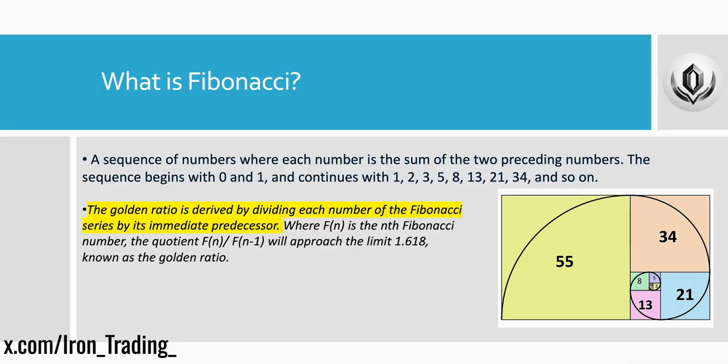It shows up in the market because the market is human made. It shows up in market structure, in pullbacks, in trend legs, in liquidity levels. So that's where we pay attention. And because enough people pay attention and believe the level is important, it becomes important, because a lot of market flow acts on those levels.